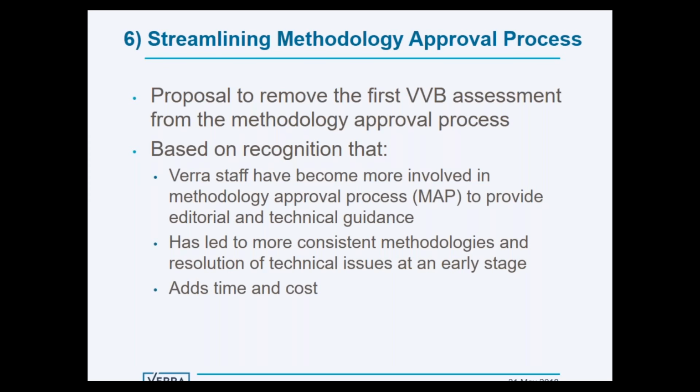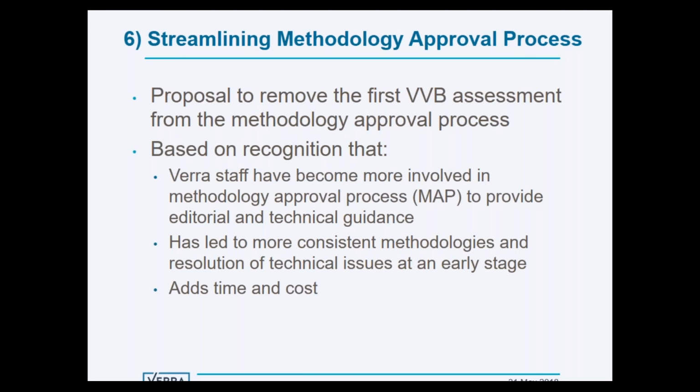The next proposal is in respect of streamlining our methodology approval process. More specifically, the existing VCS rules under the methodology approval process are such that methodologies go through 2 VVB assessments. We're simply proposing to remove the first VVB assessment in all cases.